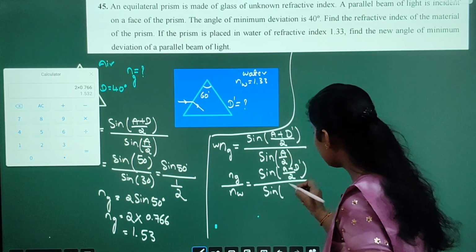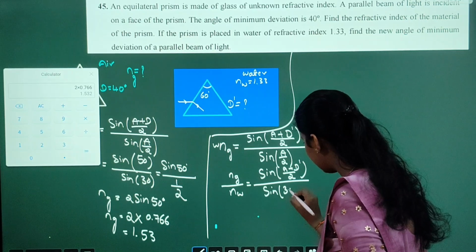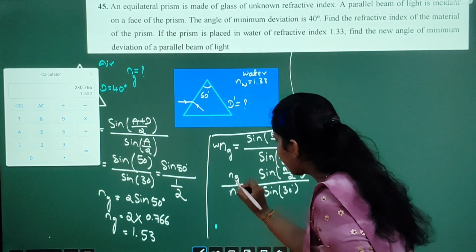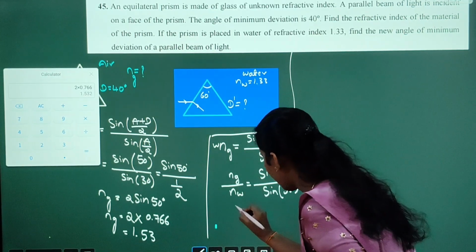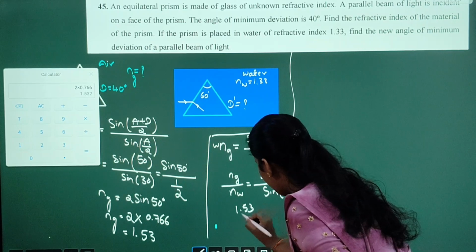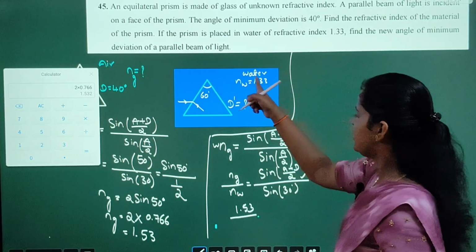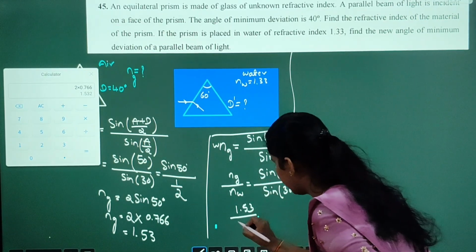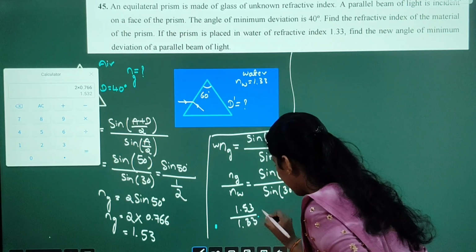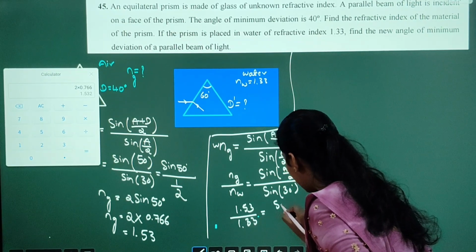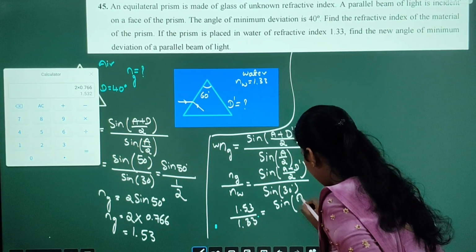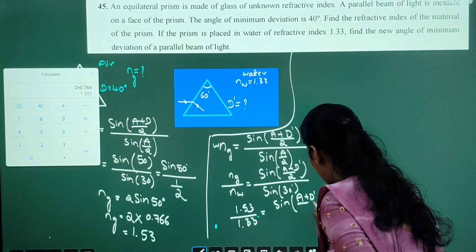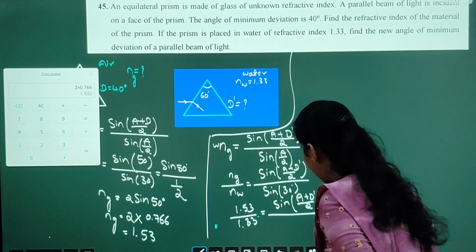Sine A by 2 is 60 divided by 2, which is sine 30. Refractive index of glass value is what? 1.53. Write down 1.53 upon the refractive index of water, the given value 1.33. This is equal to sine (A plus D dash) upon 2, whole divided by sine 30 degree.